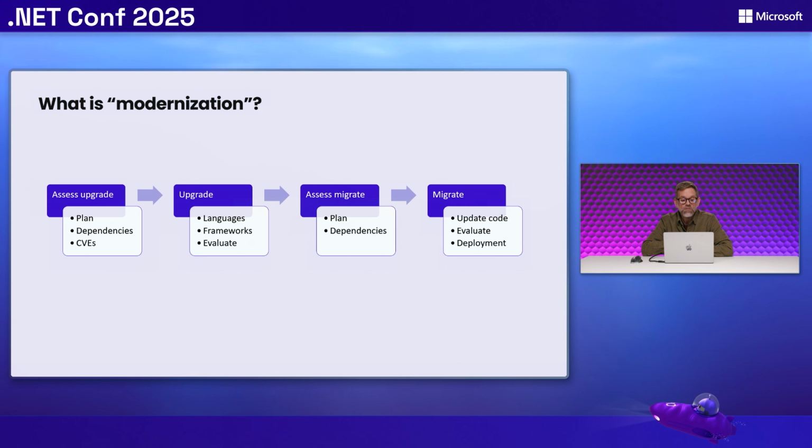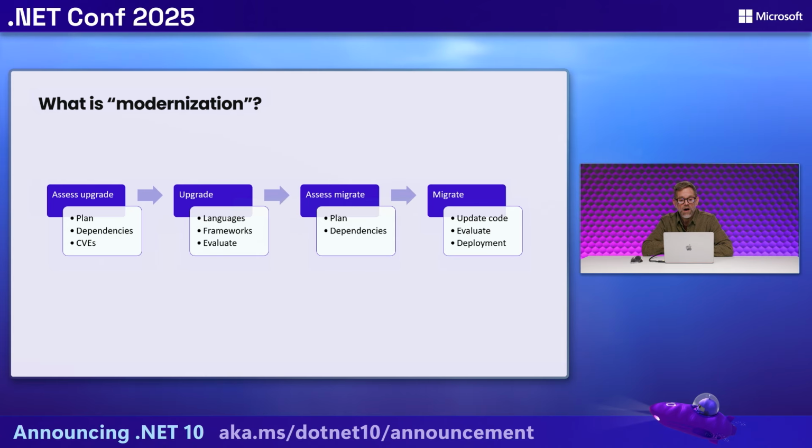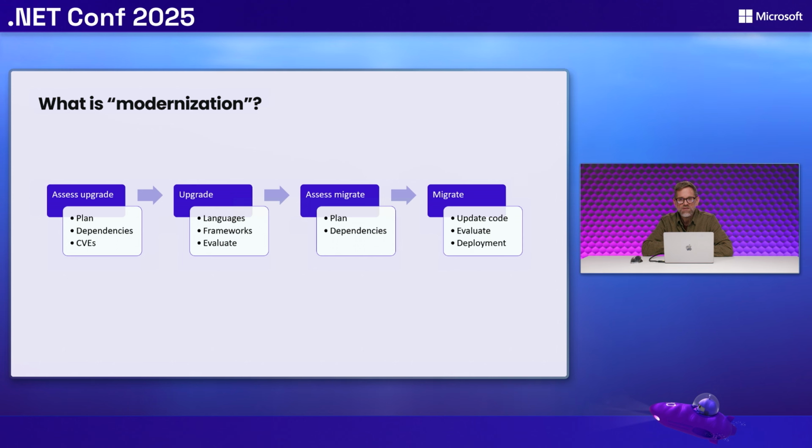Then once you've made that plan and figured out whether it's good for you or not, you tell Copilot, go ahead and do this. Make this upgrade go. It updates the language features that need to be updated, does the frameworks, and then evaluates for you. It builds the app, makes sure it compiles, and fixes any issues along the way.